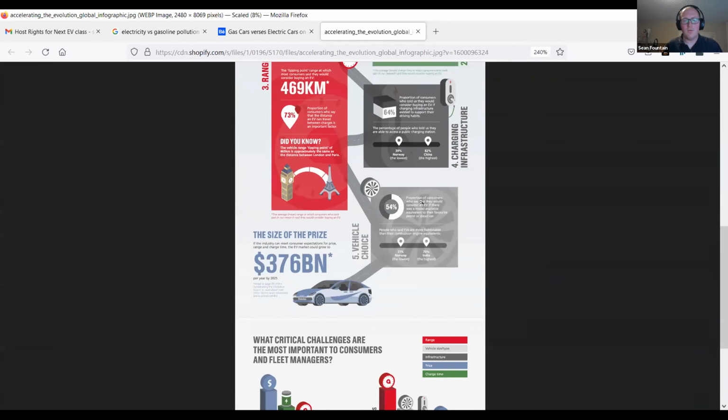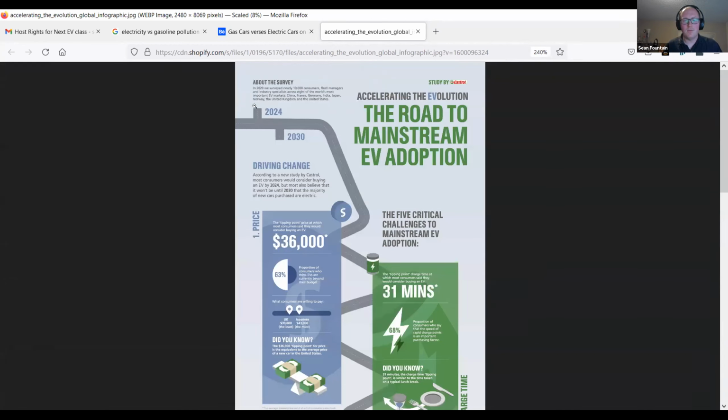So the roadmap here, they did a big survey. This was done by Castrol, so it's by an oil company. And it shouldn't be news to anyone that oil companies really only care about making money. It's not actually about a loyalty to petroleum products. It's just that's their industry. That's where they know how to make money.